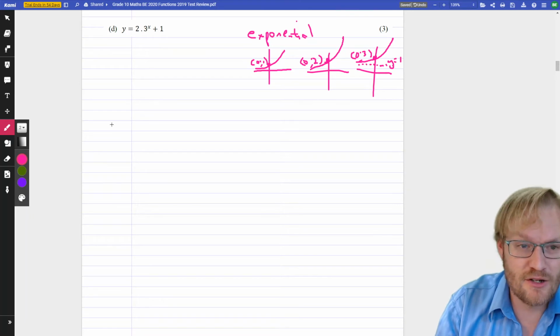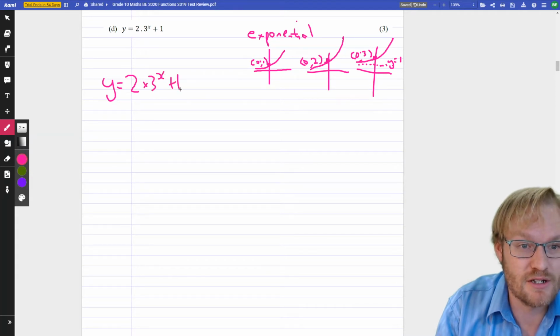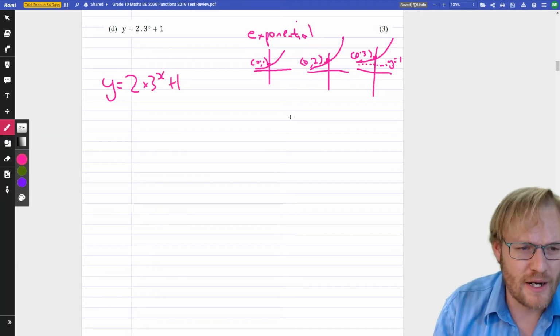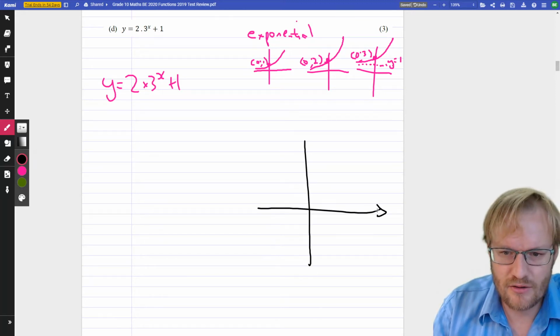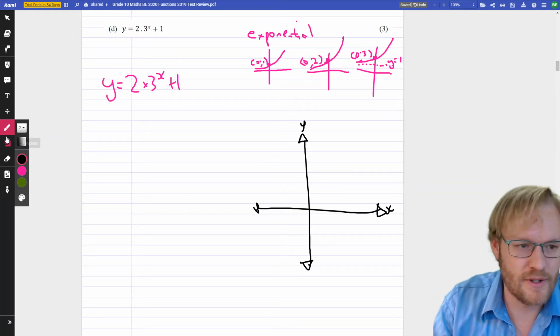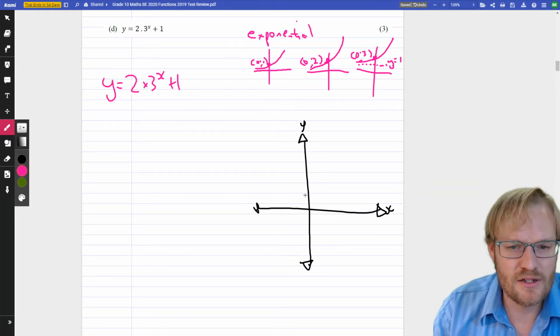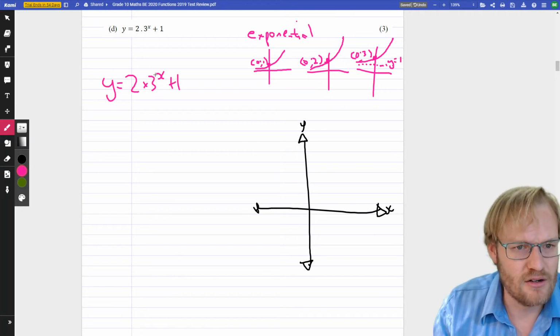It looks like there's going to be a y-intercept. For the y-intercept, we take our function, y equals 2 times 3 to the x plus 1. What do we know about our y-intercept? This time I'm just going to have these axes ready to go so that we can jot down the information we get. Okay, well, at this y-intercept, the x value is 0, right?